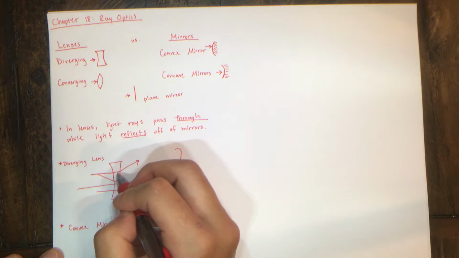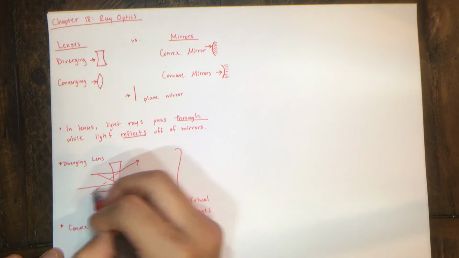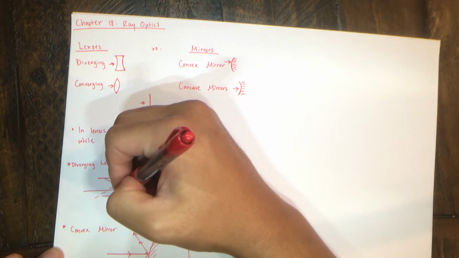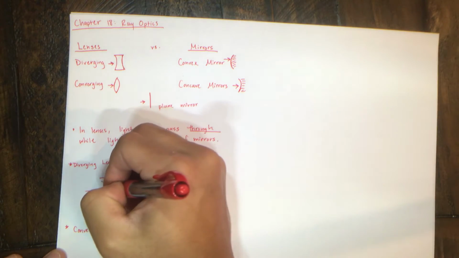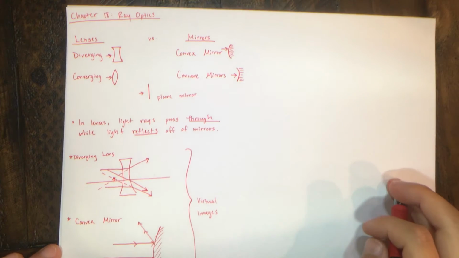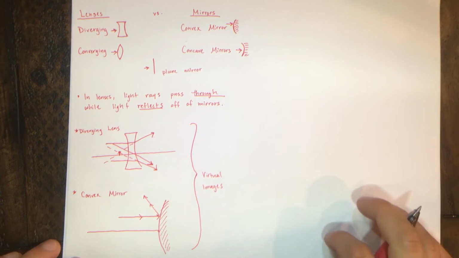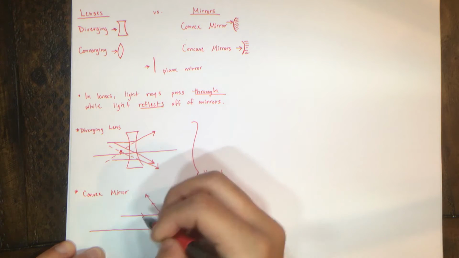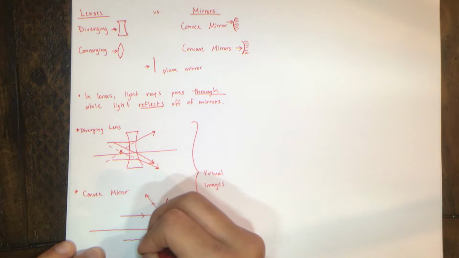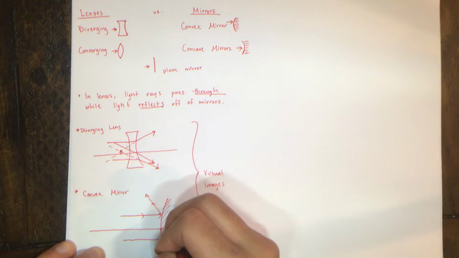Therefore, we would have to draw a dotted line somewhere, and at their intersection is where we could find an image. The same goes for these images as well.